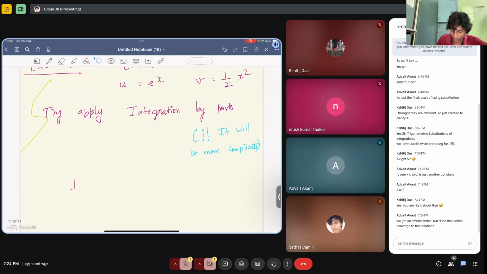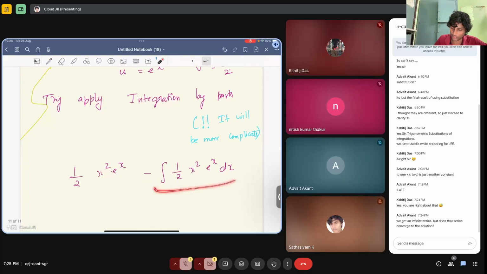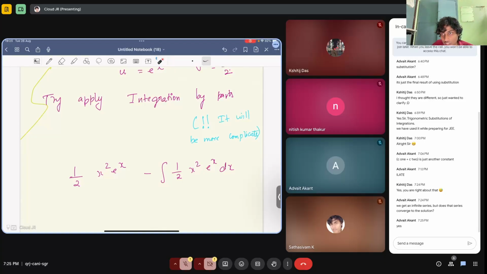Okay, so you will end up getting something like 1 by 2 x square e power x minus integral 1 by 2 x square e power x dx. Something like that you will get, and then you have to use integration by parts again, and then you will keep going. I think that is what you mean by infinite series, if I'm right. But whether that converges, yeah.